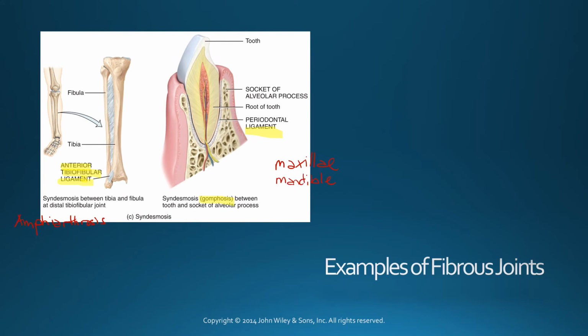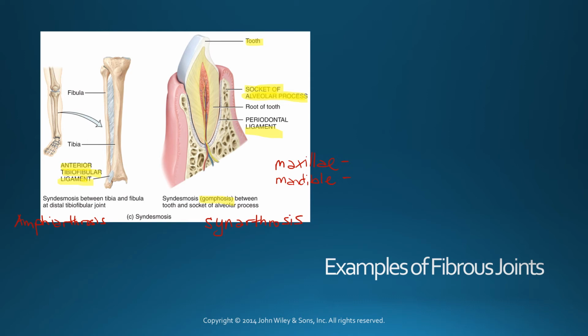So these are going to be the upper jawbone and the lower jawbone. So here you can see that the tooth fits into the socket of the alveolar process. This is going to be a gomphosis and the only example of a gomphosis. A healthy gomphosis actually allows no movement. So it's going to be functionally classified as a synarthrosis.